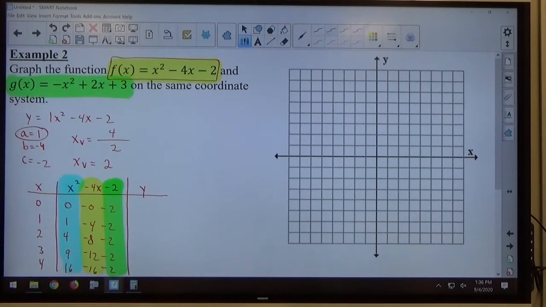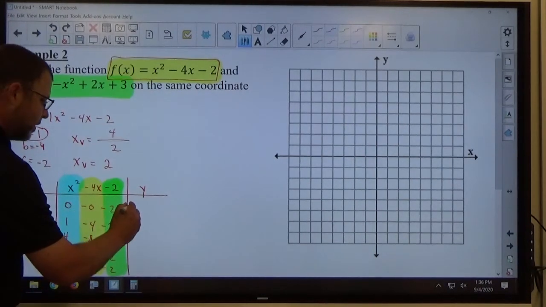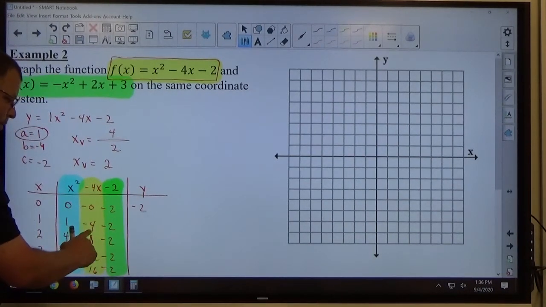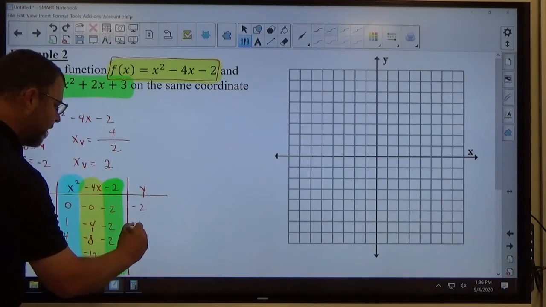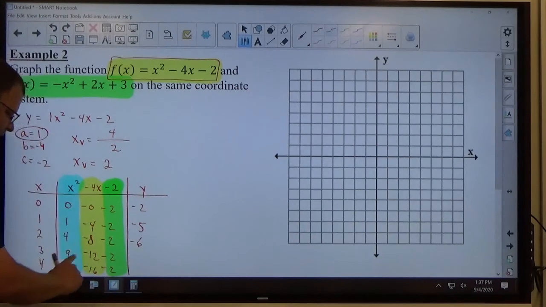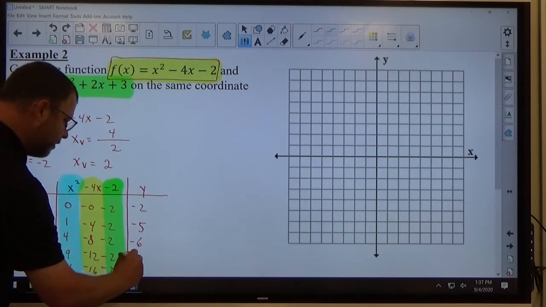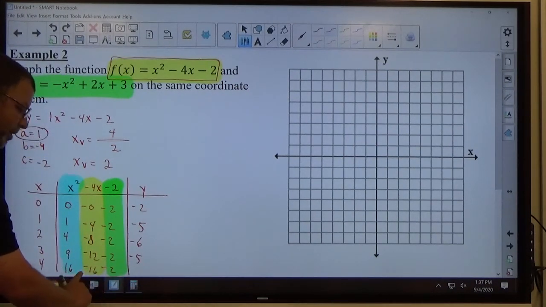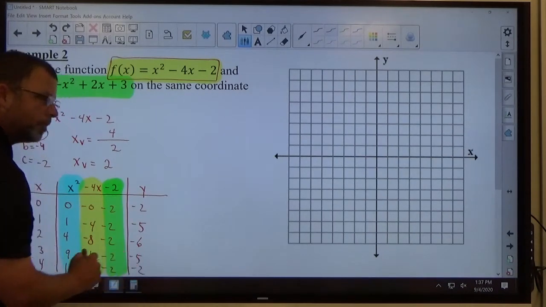So you have a quadratic term that gets squared, a linear term that is just a number times x, and then you have a constant term, just keep writing it down. And then you create a simple little subtraction or addition problem here, you just evaluate each one of those. So 0 minus 0 minus 2 is negative 2, 1 minus 4 is negative 3, minus 2 is negative 5, 4 minus 8 is negative 4, minus 2 is negative 6, 9 minus 12, negative 3 minus 2 is negative 5, and 16 minus 16 is 0, minus 2 is negative 2.